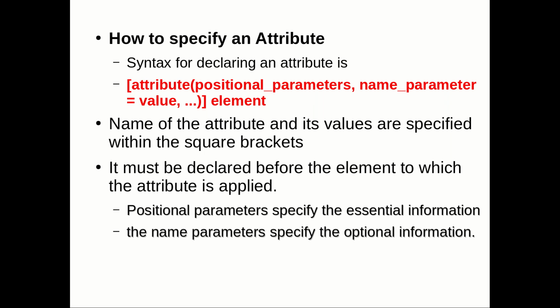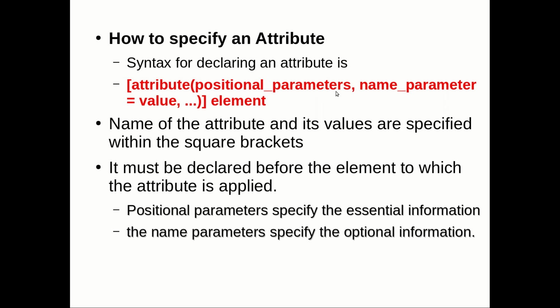If you see the syntax, I use the declarative tag as the square bracket. This is how we are going to declare an attribute. You specify the attribute name here. Then you have to specify the positional parameters.